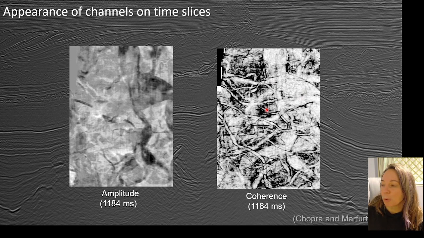And I've shown this example in previous lectures because I think it solidifies why you want to use seismic attributes, because while we might be able to pick up some of these cross-cutting channel systems in the amplitude data, we wouldn't be as confident in it. Whereas if we just looked at the coherence here in this time slice, we would be very confident in our interpretation.